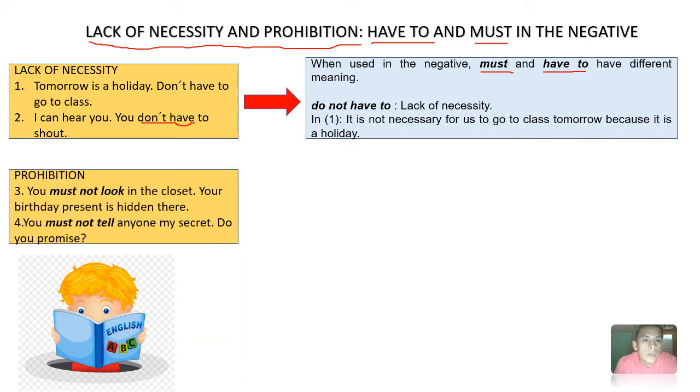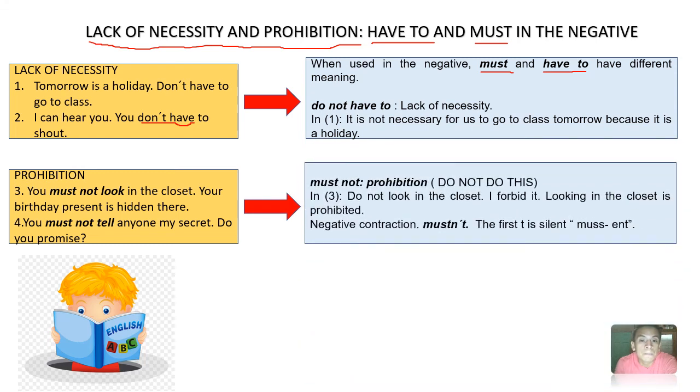The second one, we talk about prohibition, and this is an example. You must not look in the closet. Your birthday present is hiding there. And number 4, you must not tell anyone my secret. Do you promise? Look at this explanation.